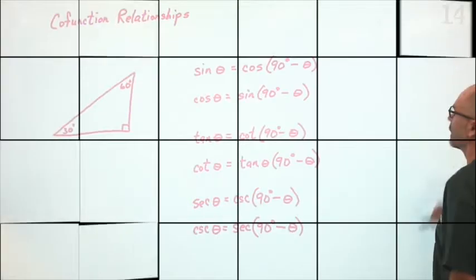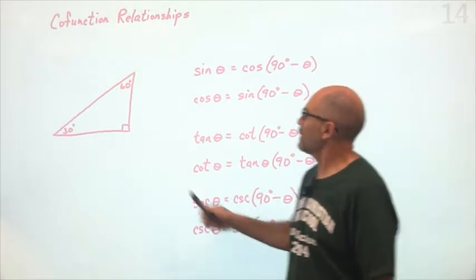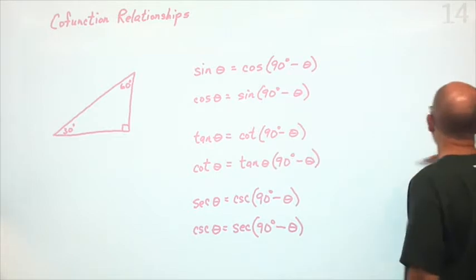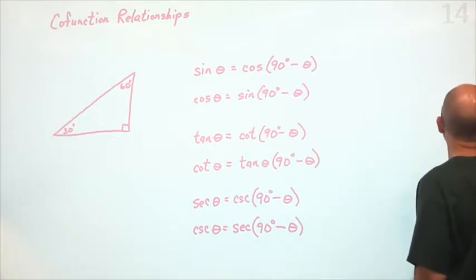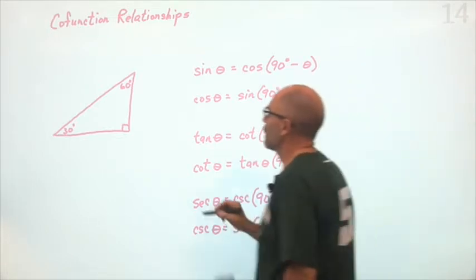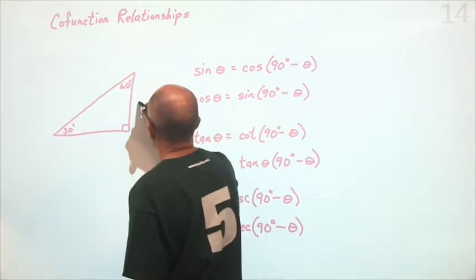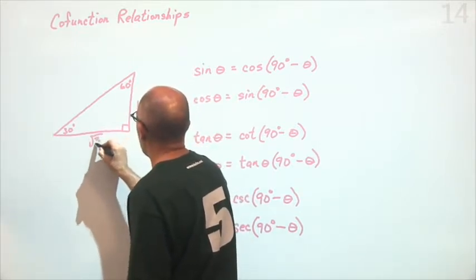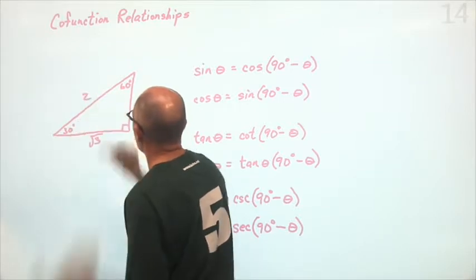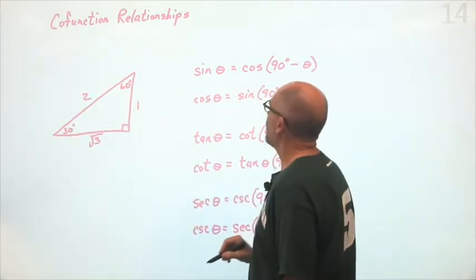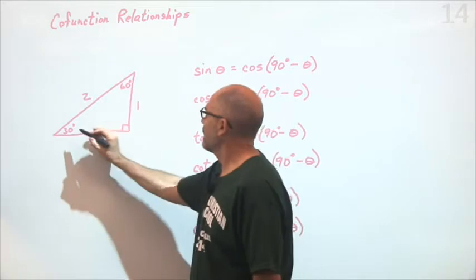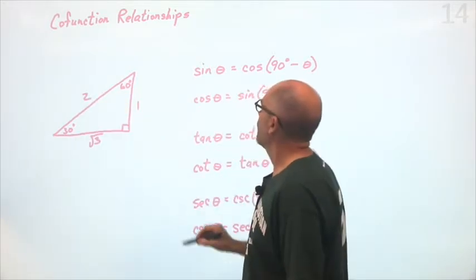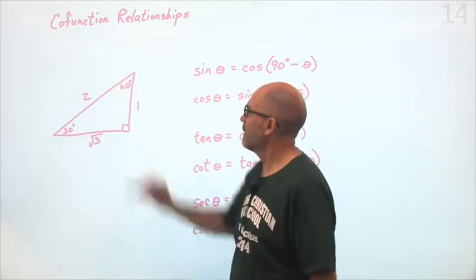Well, let's take a look. So if we take our 30, 60, 90 right triangle and we look at the lengths of the sides. So remember, the short leg is 1, the long leg is square root of 3, and the hypotenuse is 2. Well, if I look at sine theta, that's going to be 1 over 2, because opposite divided by hypotenuse.